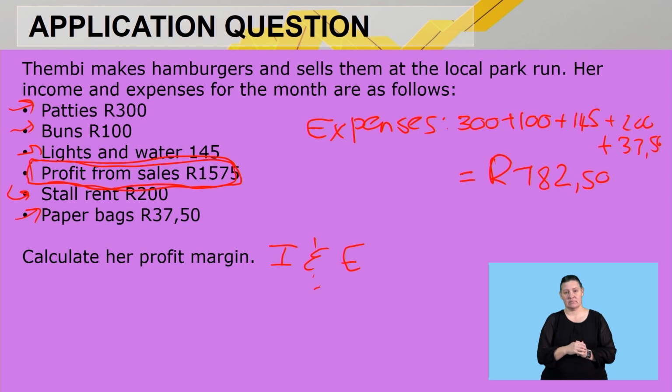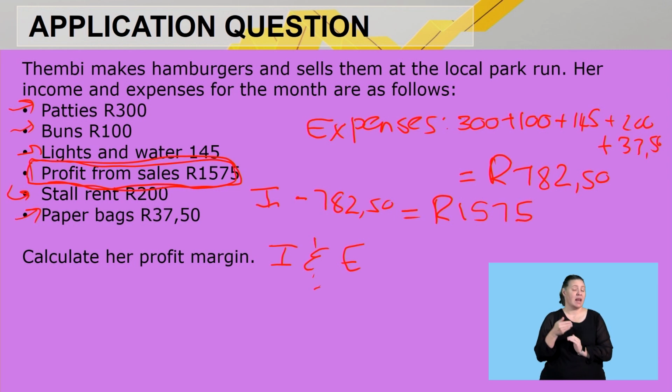So to get the profit margin, we need to know her income and her expenses. So what happened here is they already calculated your expenses for you. They said income minus the 782.50 Rand is the 1,575. So what remains left?